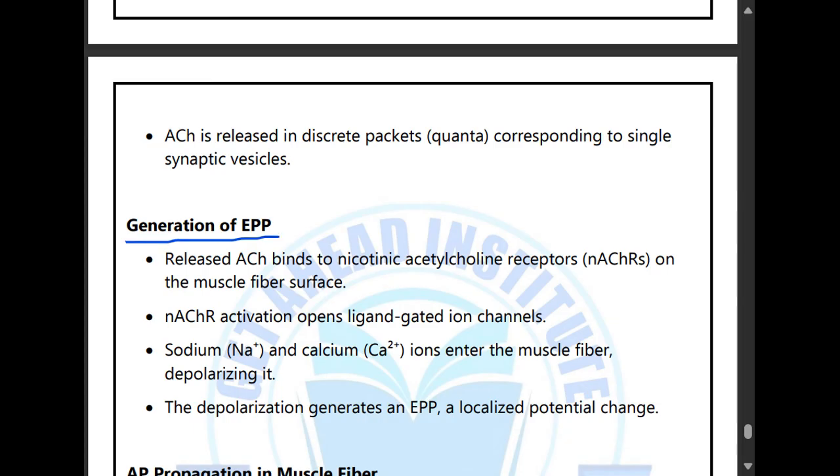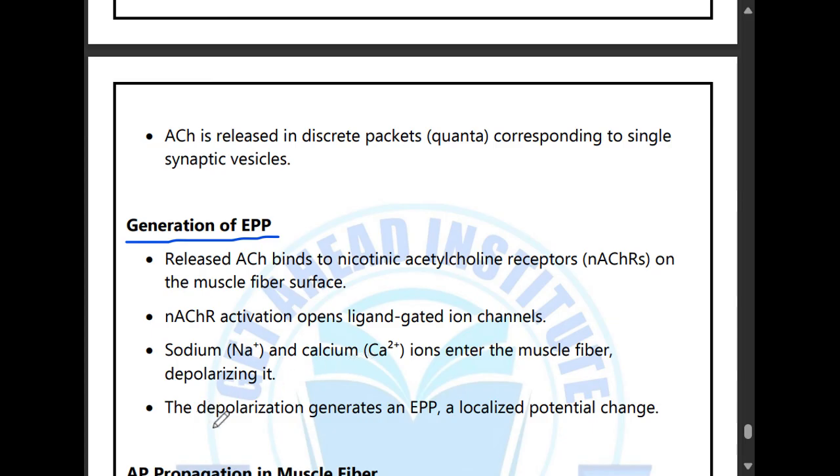Okay, so I've already mentioned that the released acetylcholine will bind to nicotinic acetylcholine receptors. Those receptors are found on the muscle fiber surface. The activation of the nicotinic acetylcholine receptors will open the ligand gated ion channels. As such, sodium ions and calcium ions enter the muscle fiber, thereby depolarizing it.